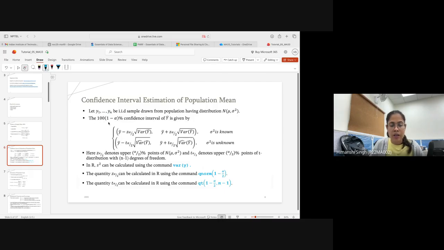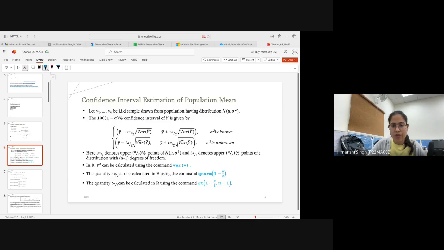So this is the 100 times 1 minus alpha percent confidence interval of y bar, or I can say the population mean. It is y bar minus z alpha by 2 times the square root of the variance of y bar, plus z alpha by 2 times the square root of the variance of y bar, if the population variance is known.